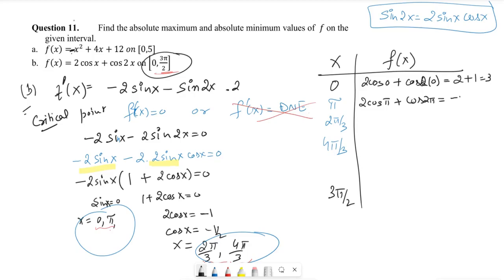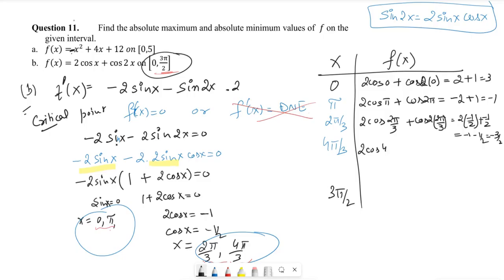Cosine pi is negative 1, so negative 2, plus cosine 2 pi is 1. That's negative 1. 2 cosine 2 pi by 3 plus cosine 2 times 2 pi by 3. Cosine 2 pi by 3 is in the second quadrant, so it should be negative half. 2 times negative half plus negative half. Basically, negative 1, negative half, negative 3 by 2.